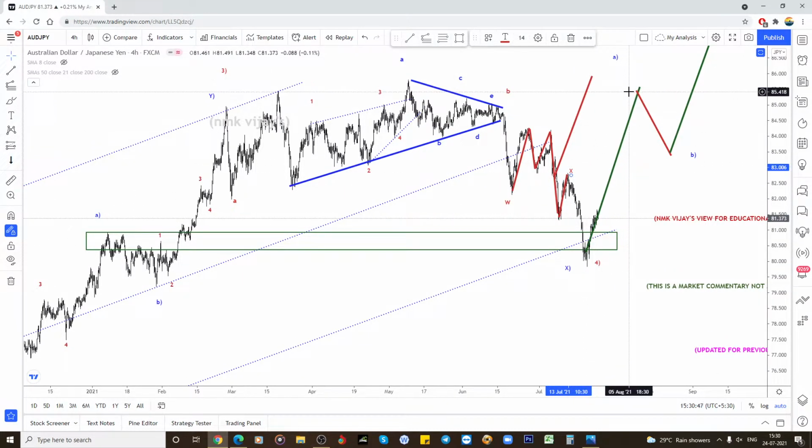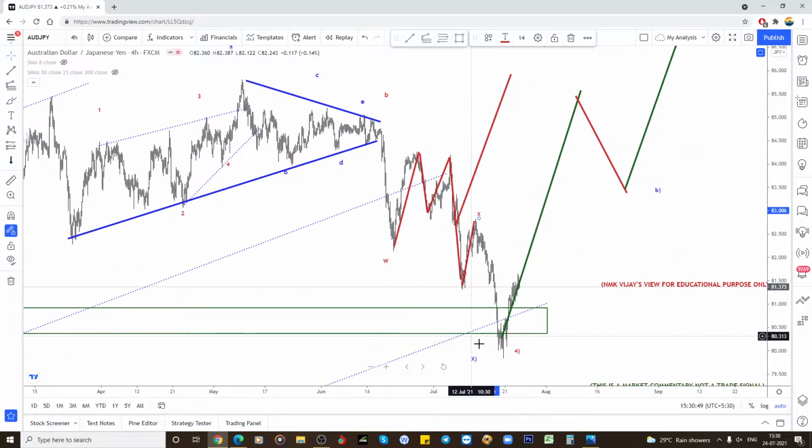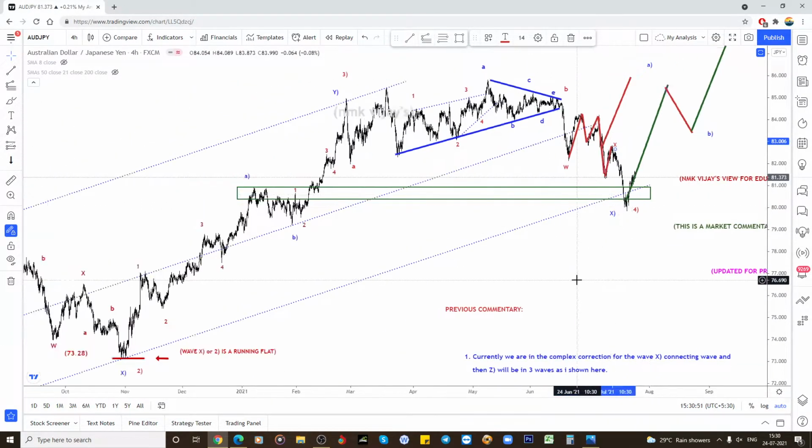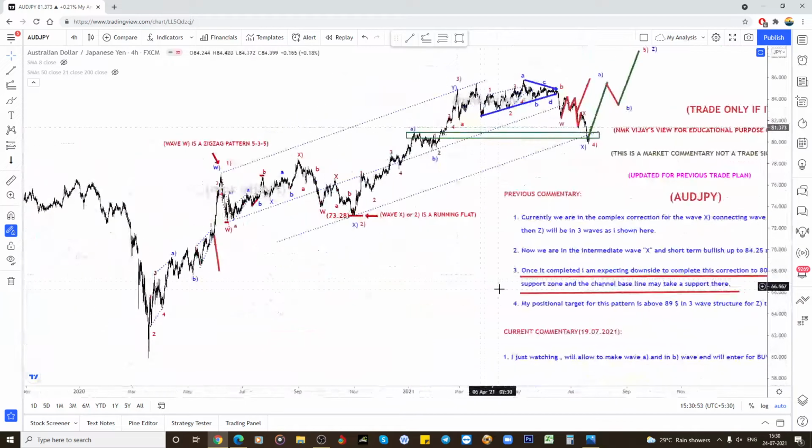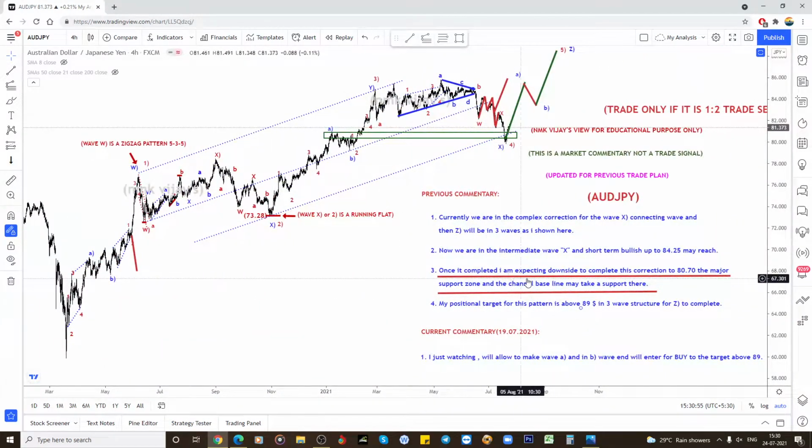Now I'm looking for the upper side, right? From here I have already set this. See, once it completed, I'm expecting the downside to complete the correction of 80-70. I said 80-70 zone, and it came down to 80, the support zone, the channel baseline, and took the support here. And what is that? Current market commentary on 19. What I said is, I'm just watching, allow it to make the A wave. So this wave B needs to be allowed.